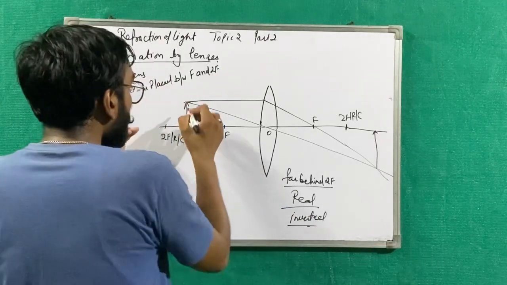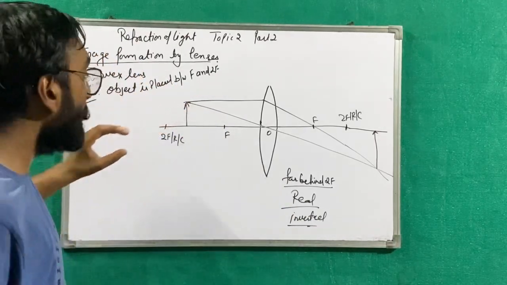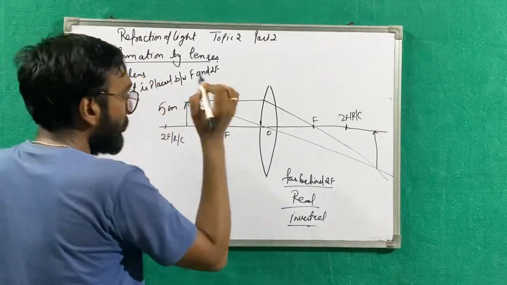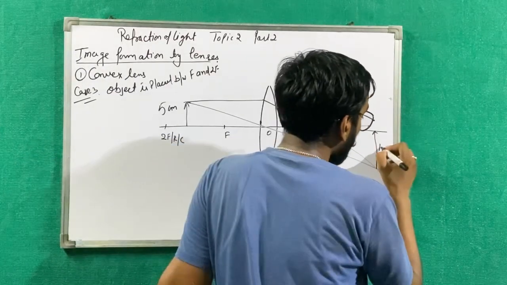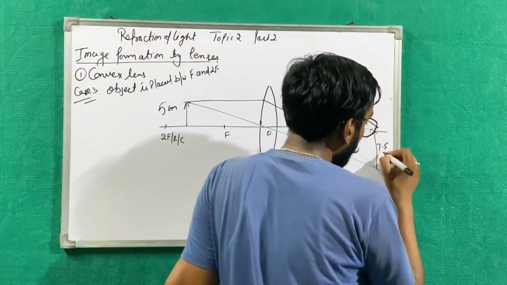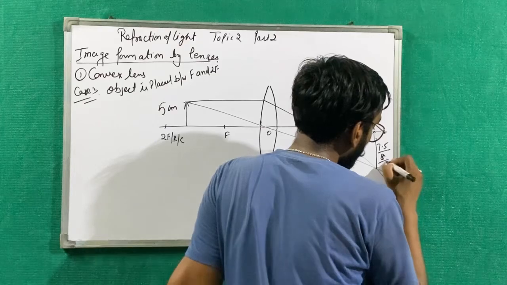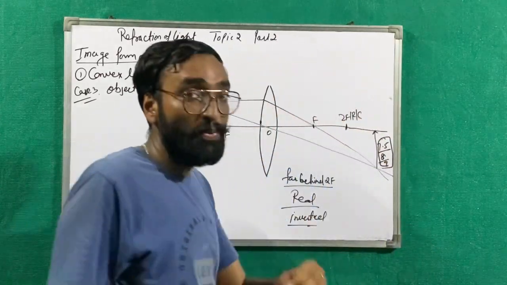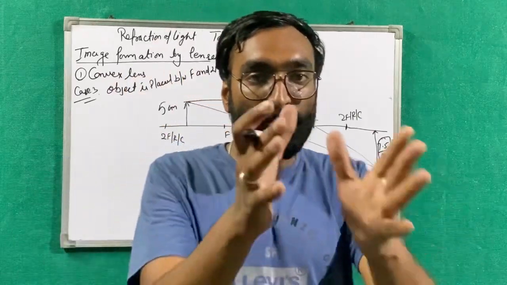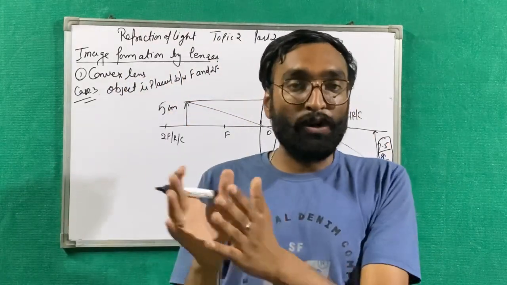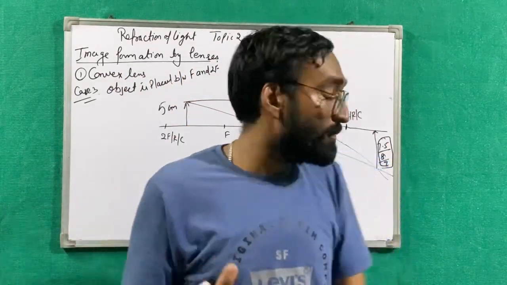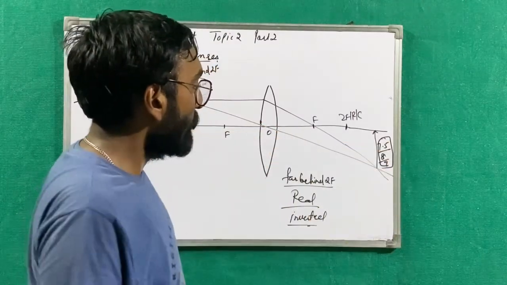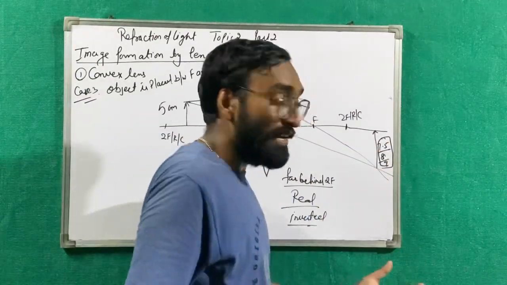So if the size of the object is 5 centimeter, the size of the image is going to be bigger, like 7.5, 8, 9, any one. It is going to be any one. If you put it in the lens formula, you will get an accurate value. So this is going to be the value.